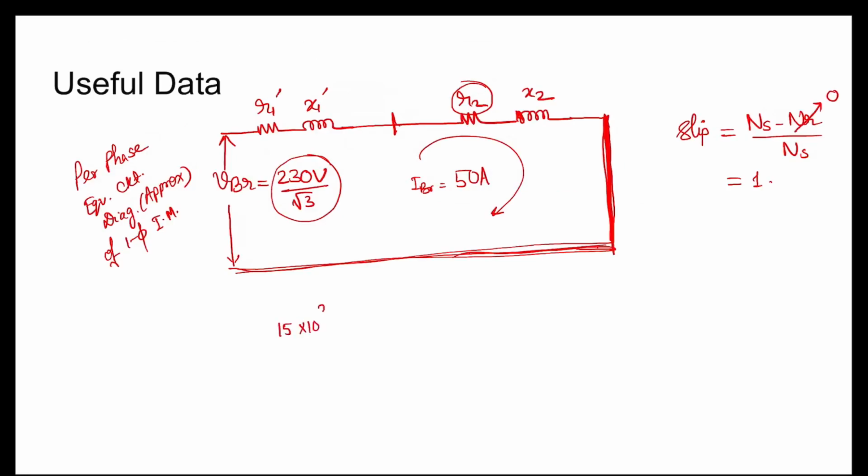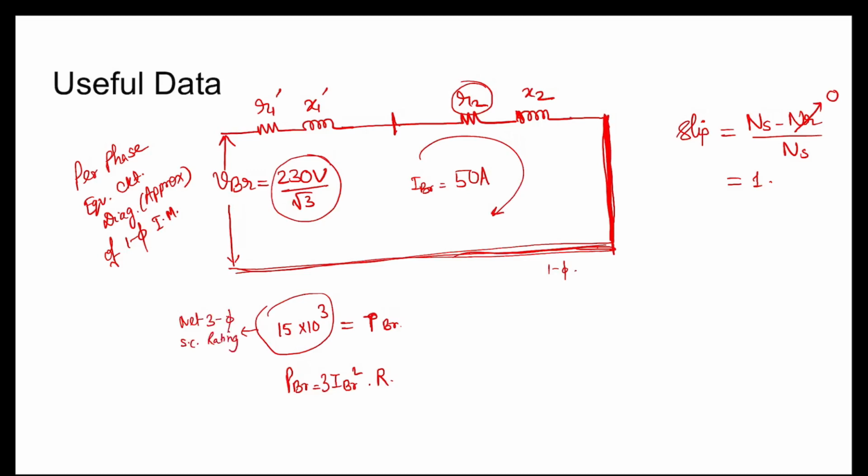So 15 into 10 to the power 3 is P_BR, that is given. Now P_BR equals I_BR square into R. The blocked rotor is in 3 phase, so we need to multiply 3 I_BR square into R. I_BR was the single phase representation, so this is the net 3 phase short circuit power.